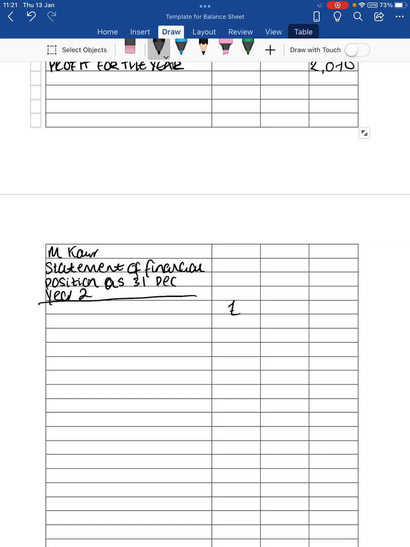And again, you do your pound signs. Now the first thing we're going to do is list all of our non-current assets. And always underline because it's a heading.